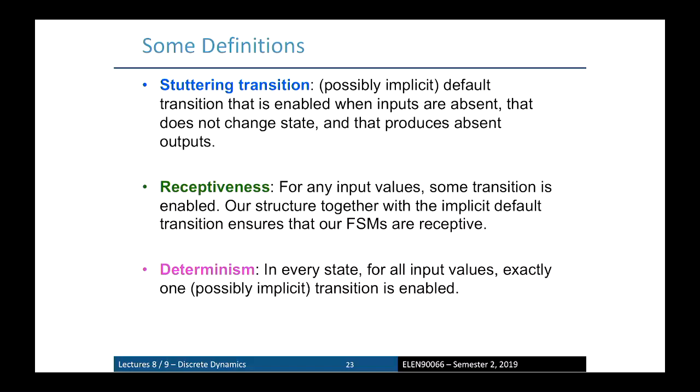What happens if 2 are enabled? Well, we'll find out. It's called a non-deterministic FSM. And you might think that that's not a good thing, but it is for abstraction purposes.